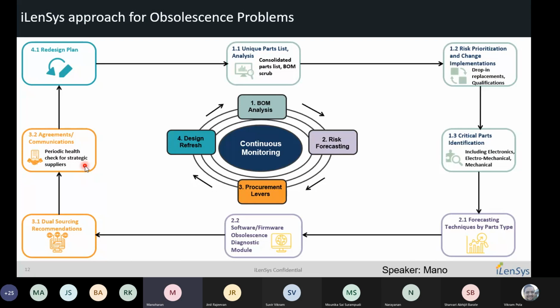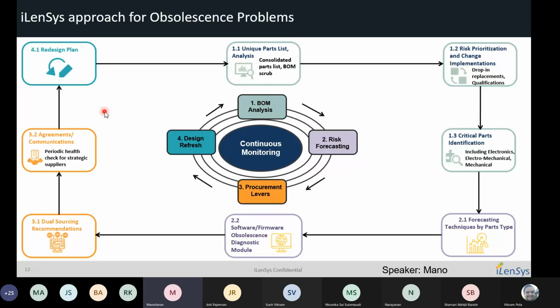Then, let's say you cannot find a simple drop-in replacement, and the procurement steps are not addressing the problem, then you have to go into redesign. As part of our overall approach, we help our customers with the redesign of components, or a complete respin of the entire PCBA board as well.